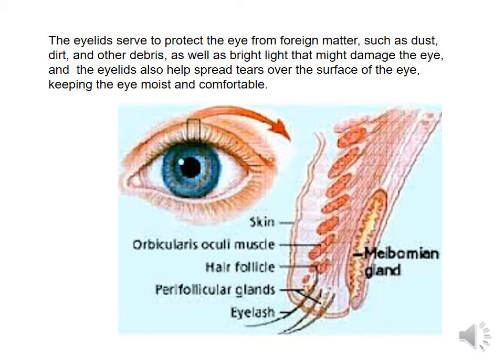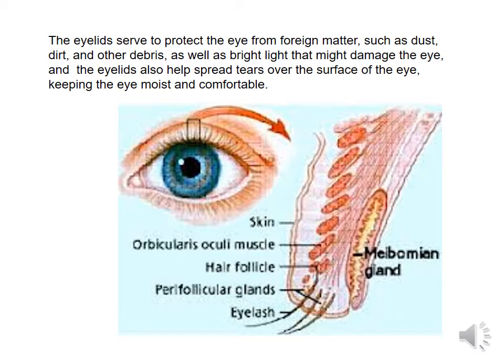This is the structure of the eyelid from outside to inside. From outside, the skin, which is the thinnest skin layer in the body, and then the muscles, and then the connective tissue, and then the mucous membrane that contains glands.